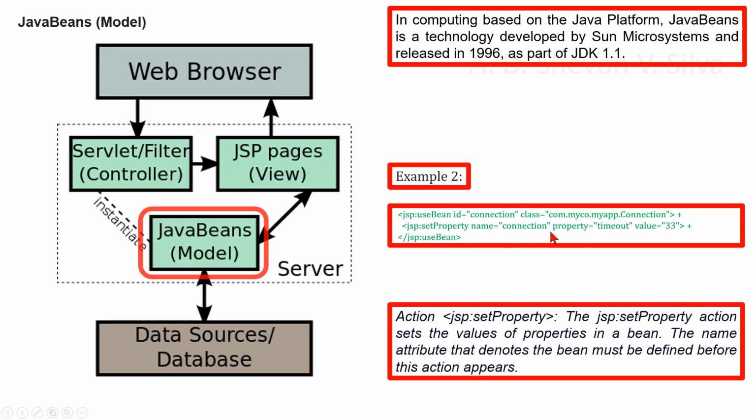The property attribute is the name of the property whose value will be set. If property name is set to asterisk, then the tag will iterate over the current servlet request parameters, matching parameter names and value types to property names and setter method types, setting each matching property to the value of the matching parameter.